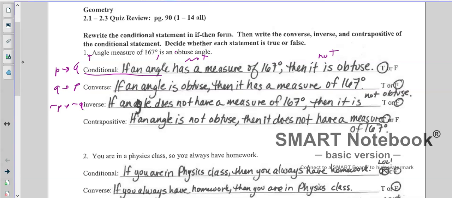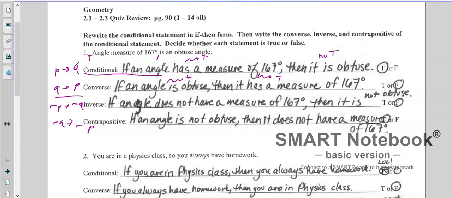And the last one is like the second and third, where it's not Q gives you not P. So we take the switcheroo and negate them both. If an angle is not obtuse, then it does not have a measure of 167.